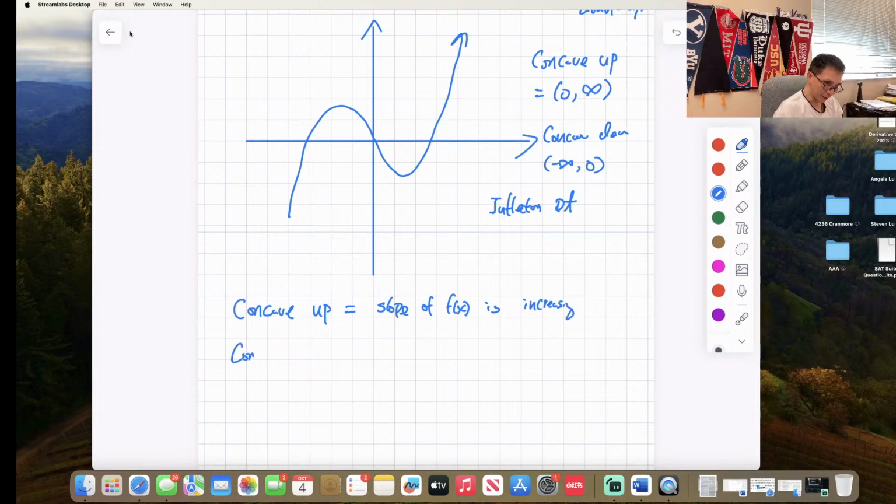And if it's concave down, the slope of f of x is decreasing.